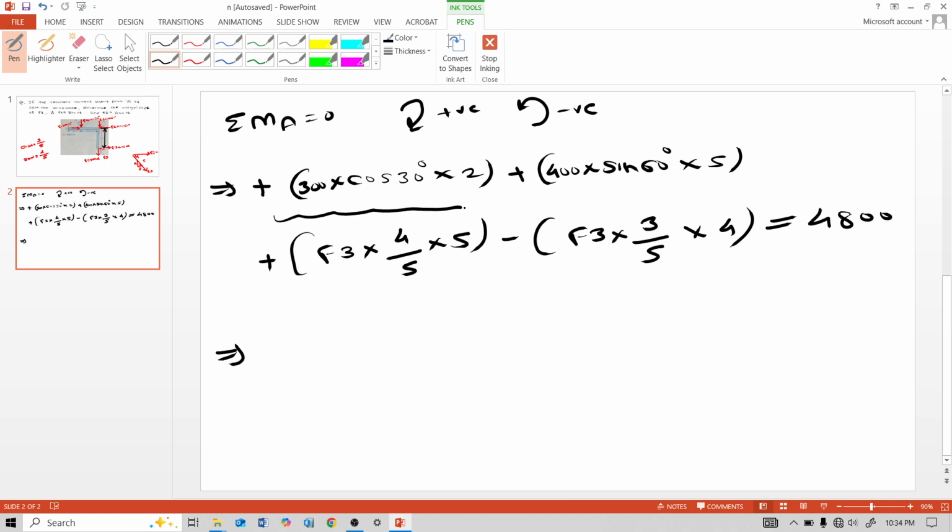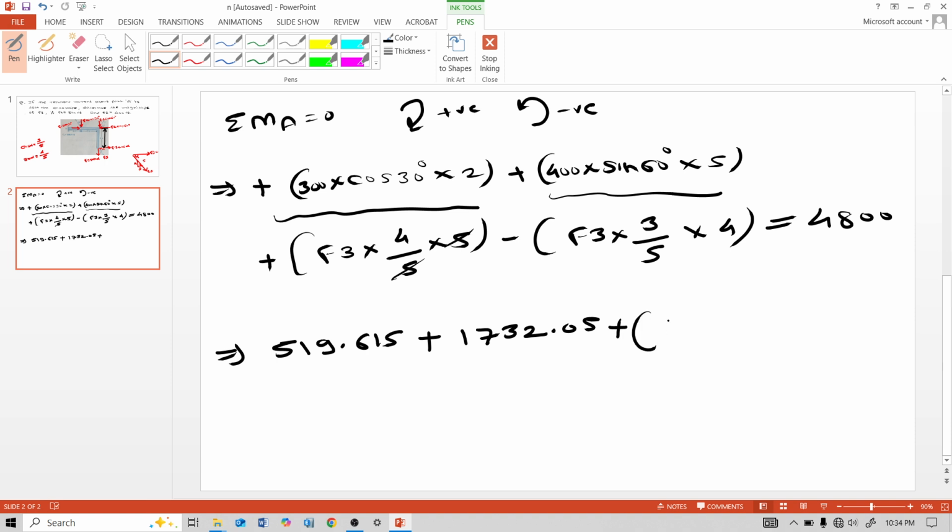So 300 cos 30 degree into 2 is 519.615, plus sin 60 degree into 5 into 400, it is 1732.05, plus, the 5 gets cancelled, 4 F3, minus 3 into 4, 12 divided by 5, 2.4 F3, equal to 4800.